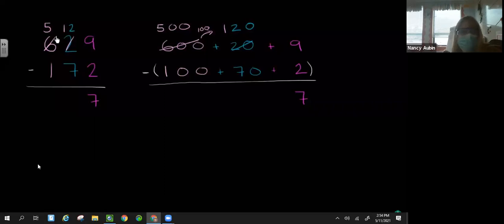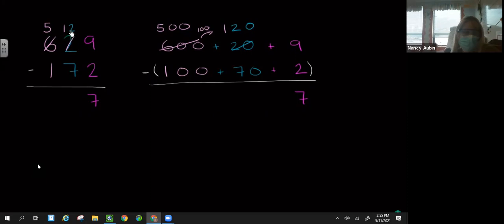So this is just another way of representing what we've done here. There's no magic here. This is often called borrowing, where you say, hey, I took a 1 from the 6 and I gave it to the 2, but wait, why did this 2 become a 12? Why was I able to add 10? Well, you've added 10 tens, or 100. You took 100 from here, so 600 became 500, and then 20 became 120.